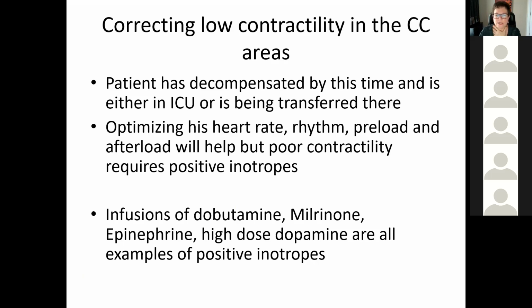You would never start epinephrine as your frontline drug. It's just too strong. It's kind of like killing a fly with a grenade when all you need is a little fly swatter. So we never start out with giving epinephrine unless your patient is in anaphylactic shock, of course, but it would never be the very first drug that you would give.